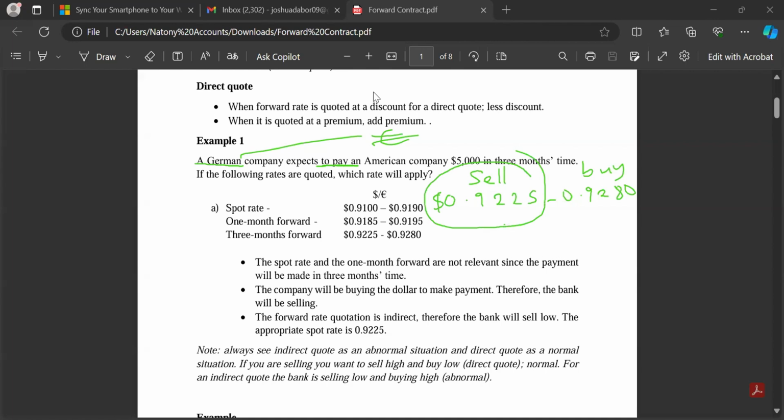In this question, you are not asked to convert, but let me assume that you are asked to convert the $5,000 to the German currency. So how many euro will the company need to buy $5,000? Remember from the previous lecture that for a direct quote you multiply when converting, for an indirect quote you divide when converting.